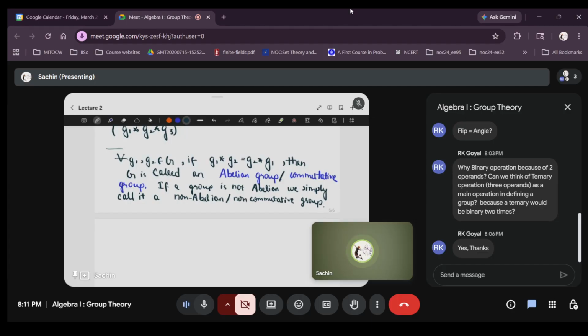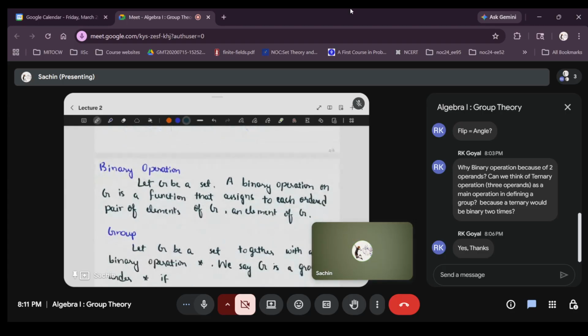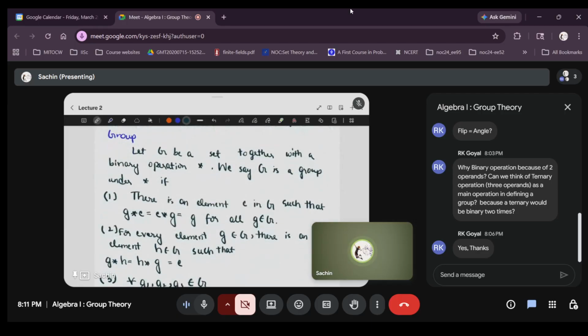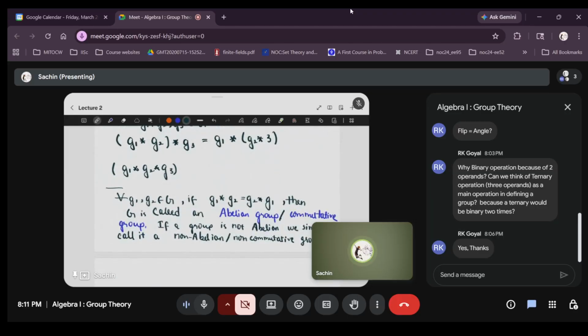One thing to note is that this is slightly an abuse of notation, because from our definition of a group, G is a group under star. So when you say a group, you have to mention the set and the operation. Because as you'll see, some sets can be a group under one operation, but not a group under some other operation.